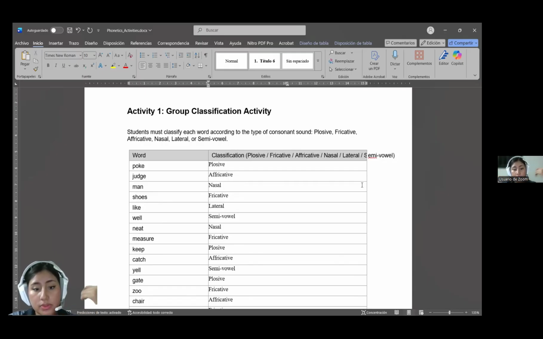Nasals use your nose, and the lateral sounds release air from the sides, and the semivowels are vowel-like but function as consonants. So, keep practicing your pronunciation every day. The more you practice, the more confident and clear your English will become.